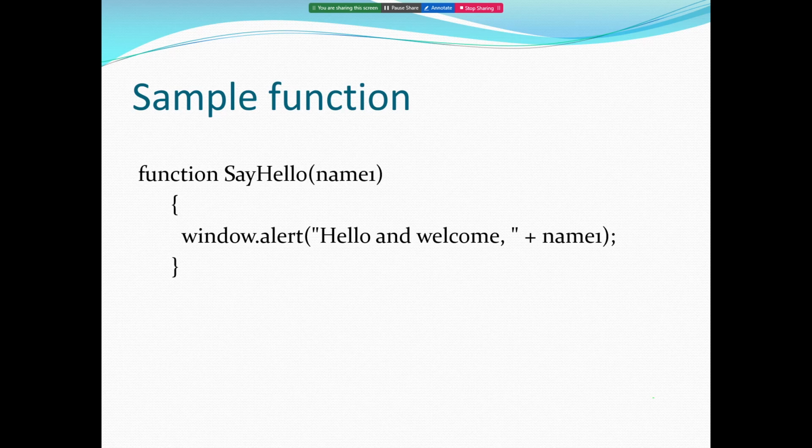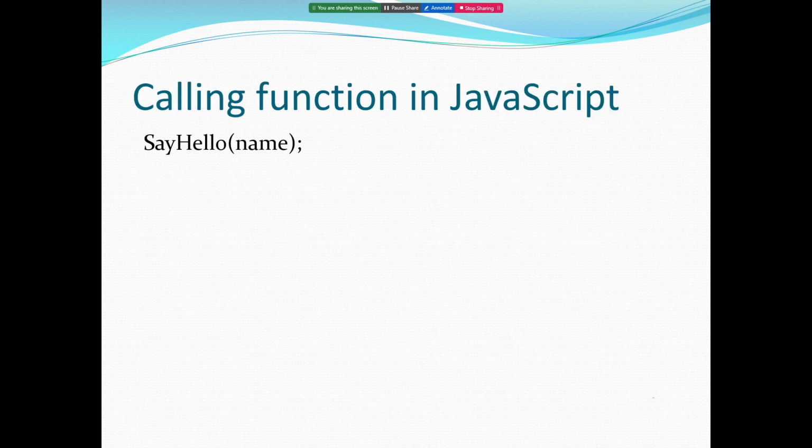And going back to yesterday's example, straight function, say hello, we have a parameter called name1. So when we call it, we need to provide at least one parameter there. That's how we call it within the script tag. Say hello, name. The name is the parameter that we've got to fulfill.